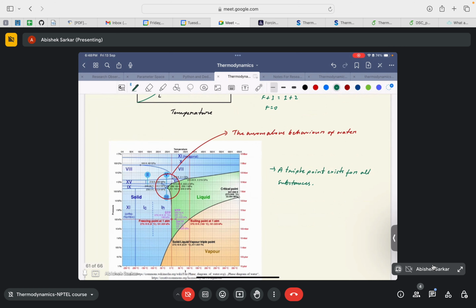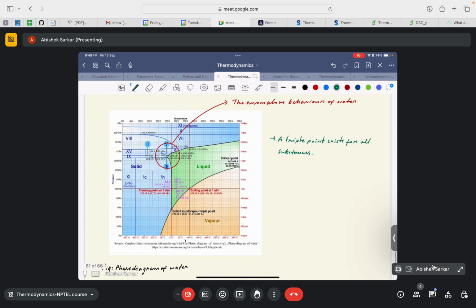And this plot, I'm not going to go through it very extensively, but this is the phase diagram for water, and you can see that there is an anomalous behavior where an increase in pressure results in a decrease in the specific volume, and this is shown in this region.